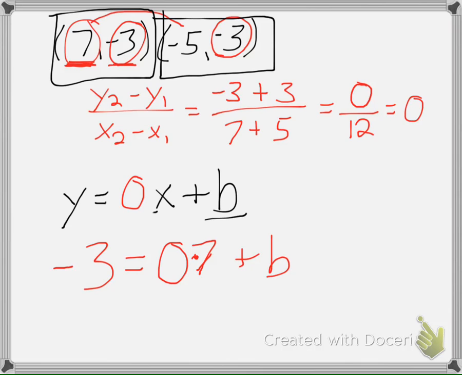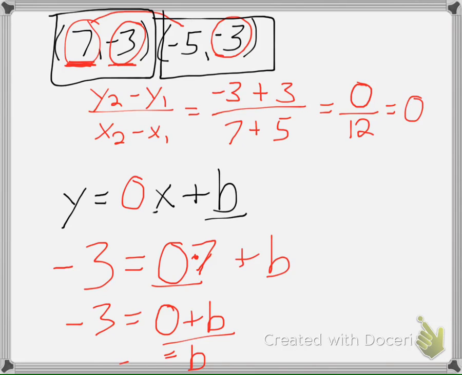Now I have an equation that has one variable, which means I can solve it, right? And I can find out what b has to be in order for it to be true. I get 0 times 7 is 0, and 0 plus b is b, right?